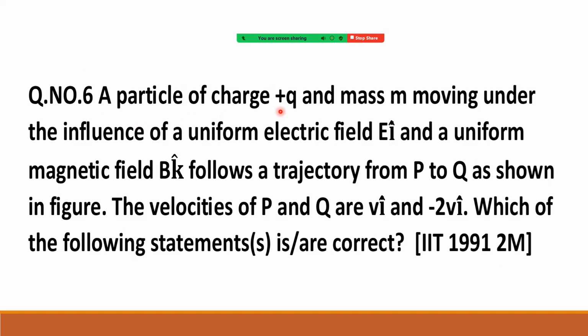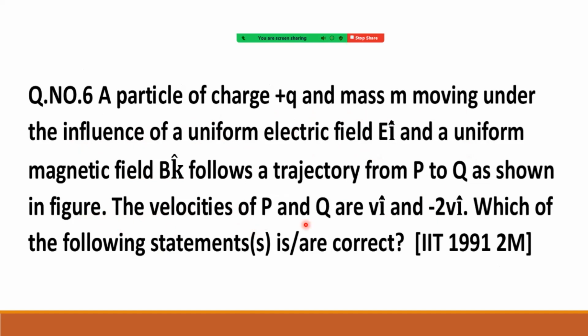A particle of charge plus q and mass m moving under the influence of a uniform electric field E i cap and a uniform magnetic field B k cap follows a trajectory from P to Q as shown in the figure.